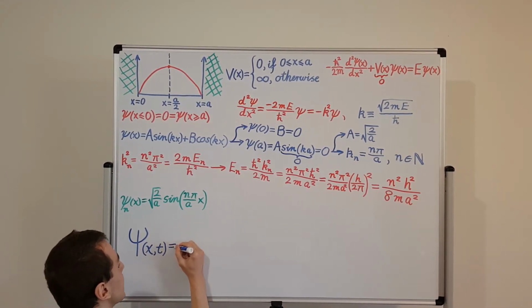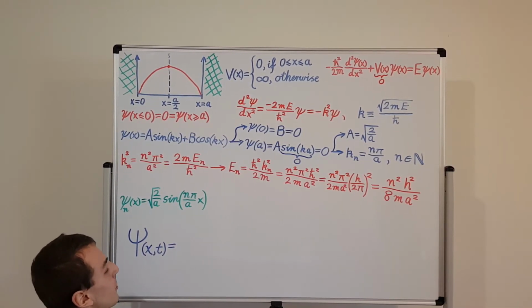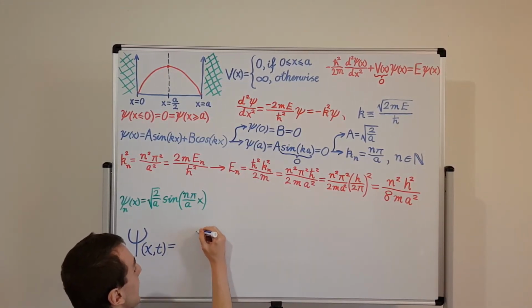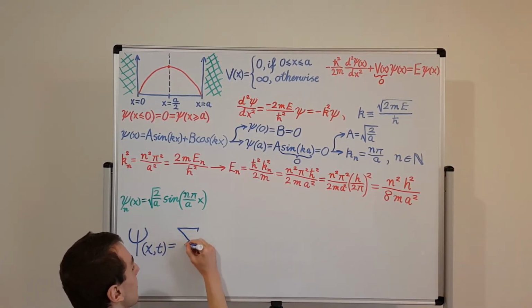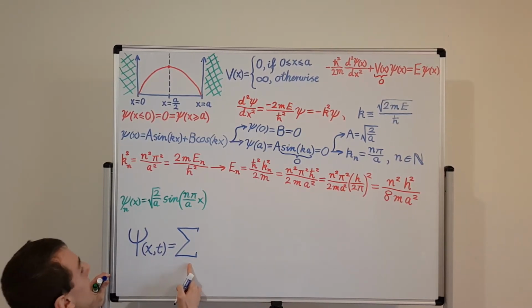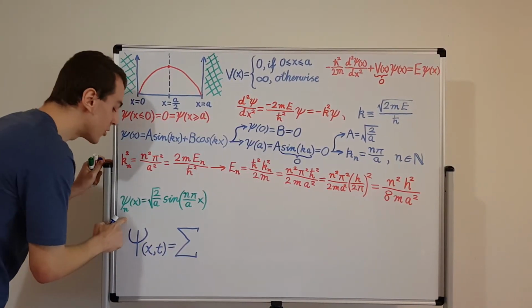So this is going to be equal to a linear superposition, a linear combination of these guys. We're going to need to take a sum. Why are we taking a sum and not an integral? It's because there's a discrete set of these guys. There's an infinite number of them, but they're discrete.